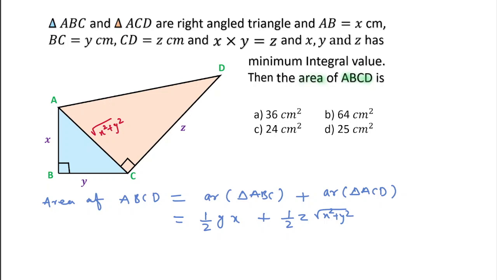Now the main problem is here: as it is saying x, y and z will be the minimum integer values, meaning x, y, z only hold those values which will be minimum and also follow the condition of triangles. According to the question, as you can see, x into y equal to z.